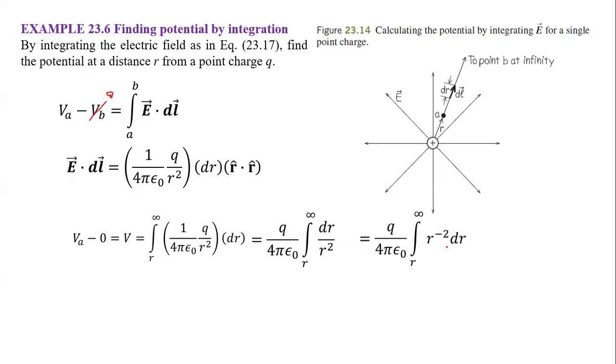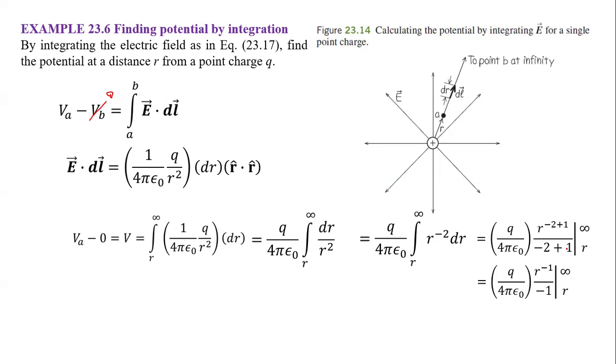The integral of this, we split it up, it becomes r to the power of -2. We use the formula, so it becomes r to the power of -2 plus 1 over -2 plus 1, which is -1 over -1. So we have q over 4 pi epsilon naught times r to the -1 over -1. We can factor out, so it becomes q over 4 pi epsilon naught, 1 over r minus 1 over r.